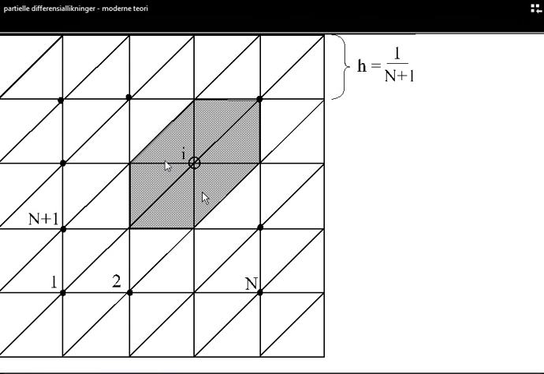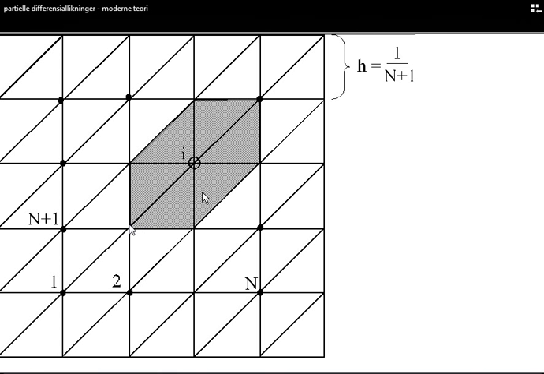What is this shaded area? It is the support of the ith basis function. This basis function equals 1 in this node point. It's linear in each of these triangles, and it's 0 on the boundary of the support here.